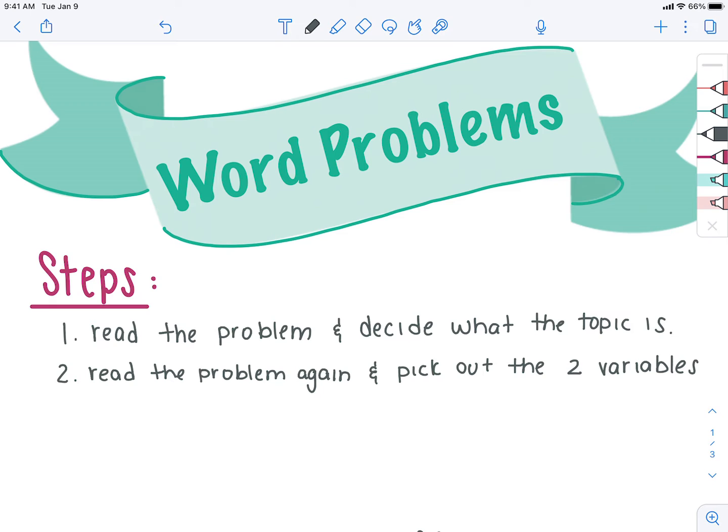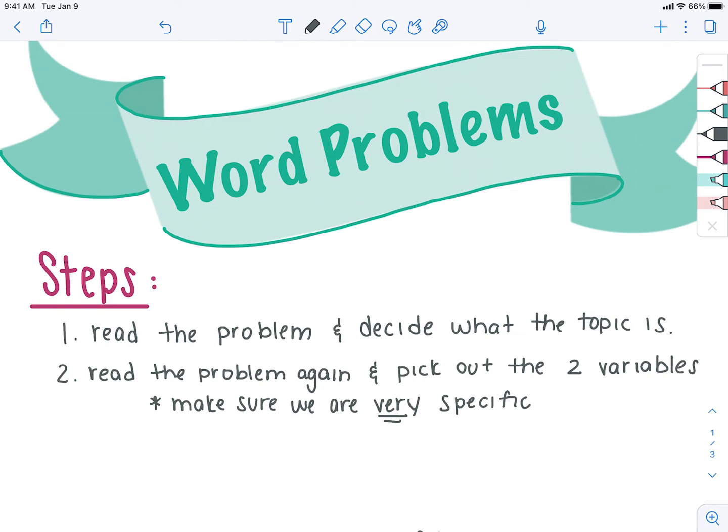When we pick out the variables, we want to make sure we're super, super specific about what we're calling the variable, because the more specific we are, the easier it'll be for us to write an equation. So we want to make sure we are very specific.